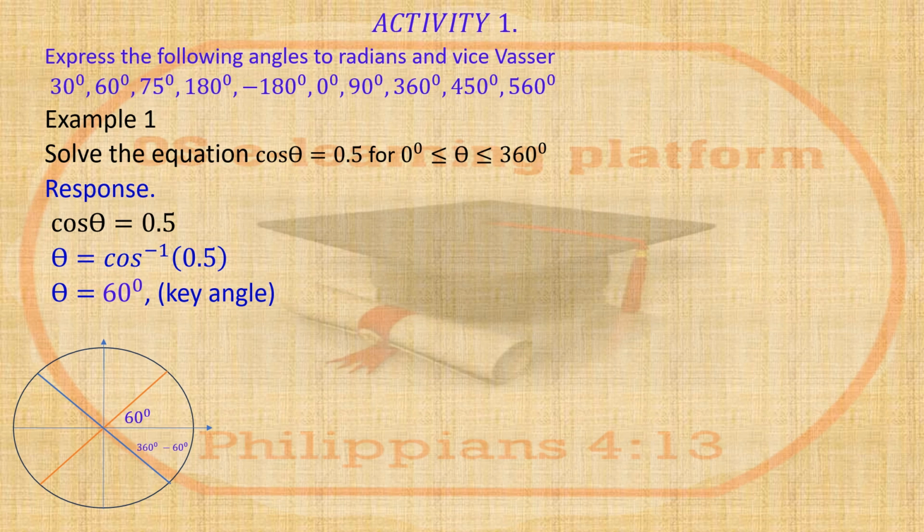Now 60 degrees is the key angle. Now I need to get other angles. How do I get these other angles? In the first slide I told you, taking the XY plane, bisecting the circle into 4 quadrants, then I'm in a position to find the other angles as long as I identify where the cos, for this case I'm treating a cos, is positive, because even when we are treating here everything is positive.